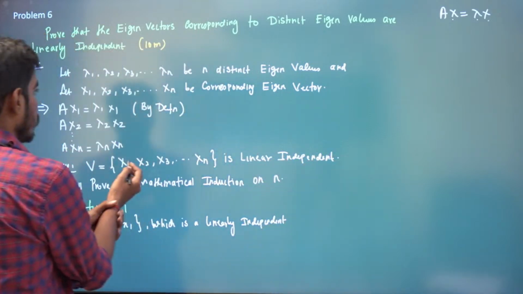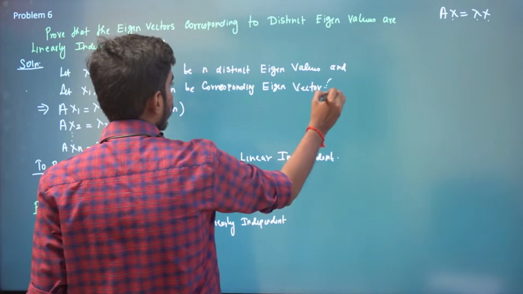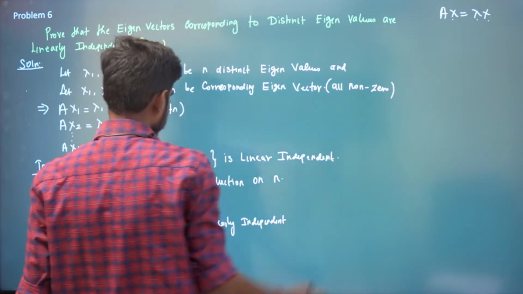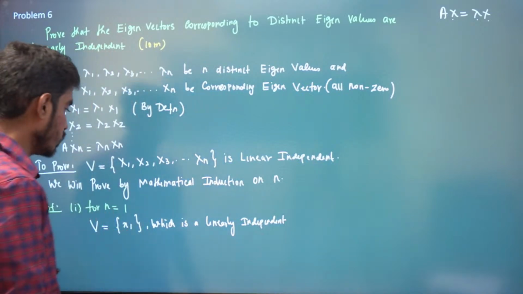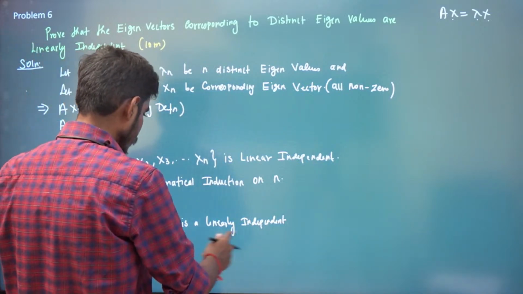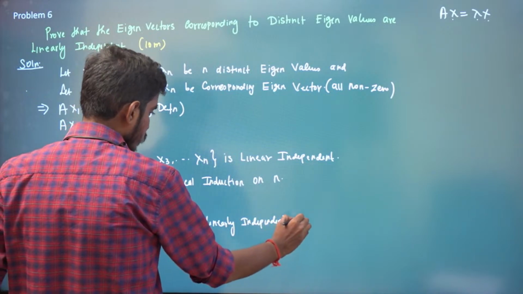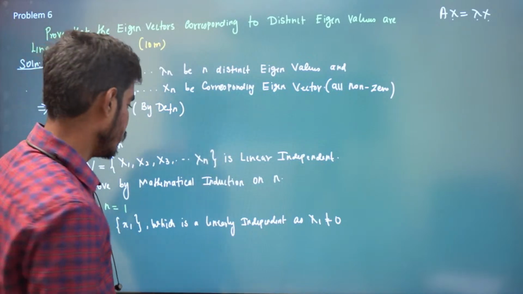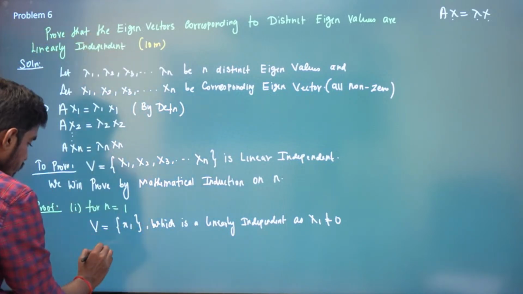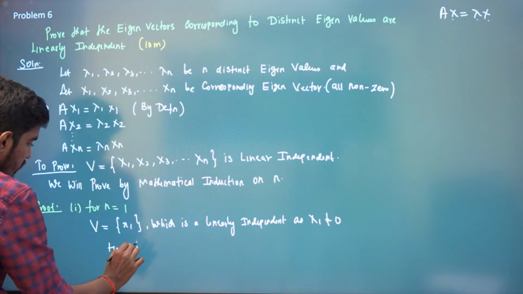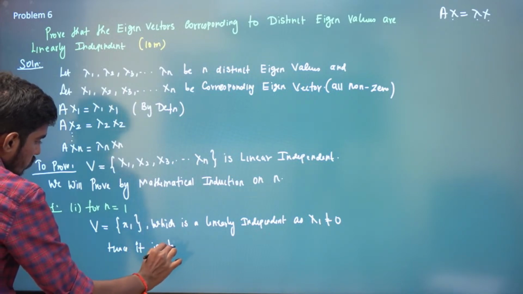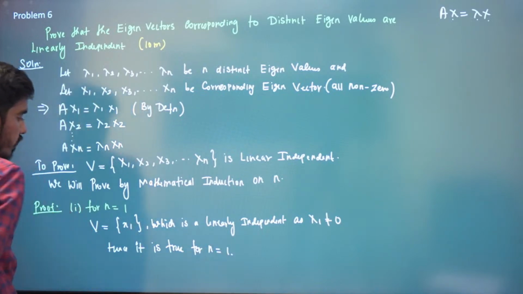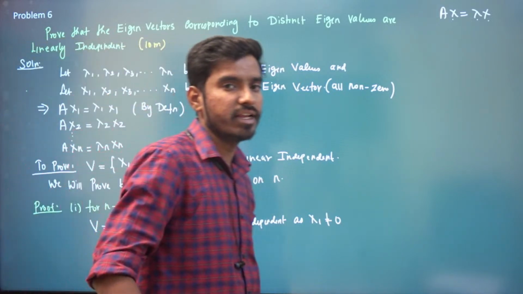All these corresponding eigenvectors are non-zero. That is the definition only, right? So a single set consisting of a non-zero vector is linearly independent. So this is linearly independent as your x1 is not equal to 0 because eigenvectors are non-zero vectors. Hence it is true for n equal to 1.